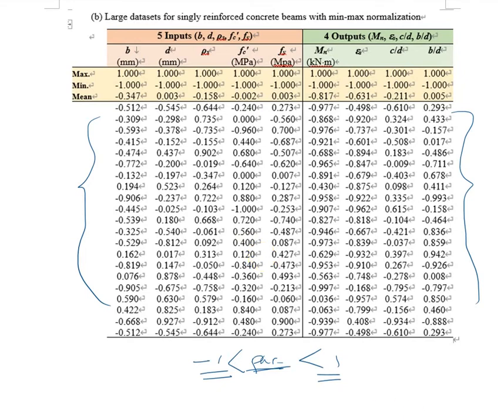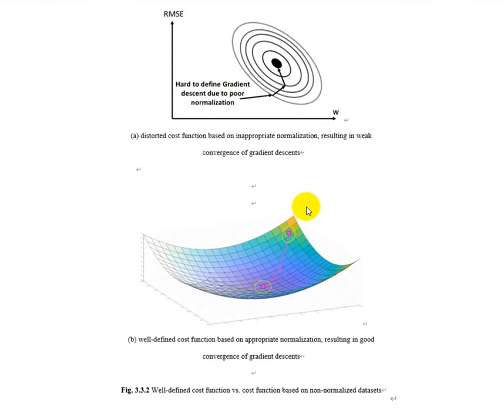Selected structural data sets are appropriately normalized accordingly, thus resulting in well-defined cost functions shown right here. Well-trained neural networks correlate network outputs with targets closely when you have this type of error function, which is well distributed and well defined.